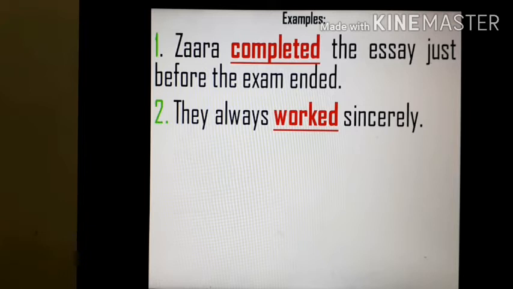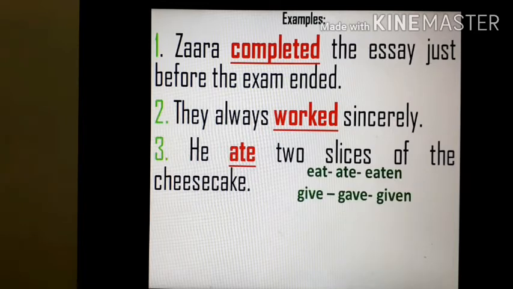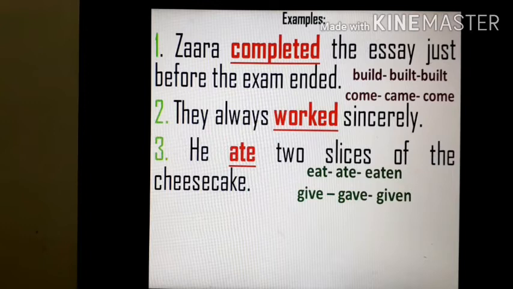But some verbs have special past forms. You see that in sentence number 3. He ate 2 slices of the cheesecake. Here, ate is the past form of eat. We say eat, ate, eaten; give, gave, given; build, built, built; come, came, come; go, went, gone.